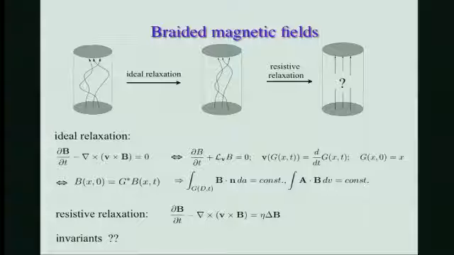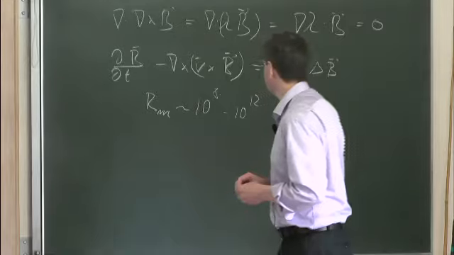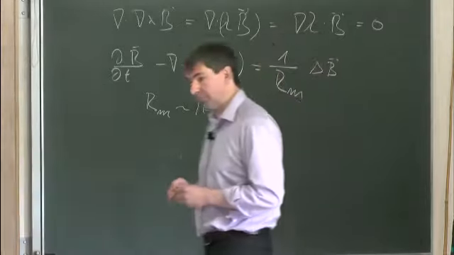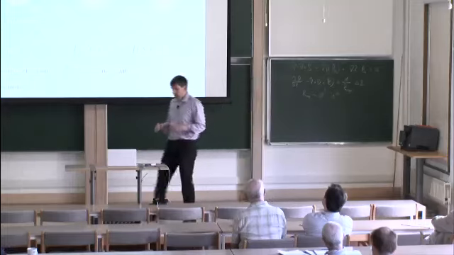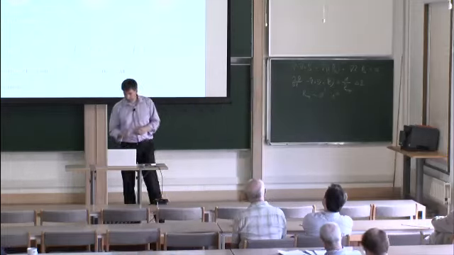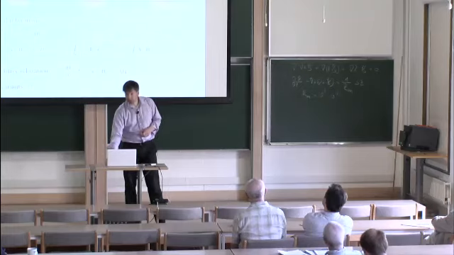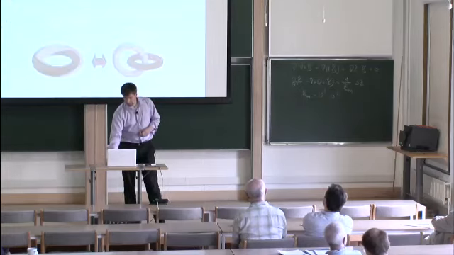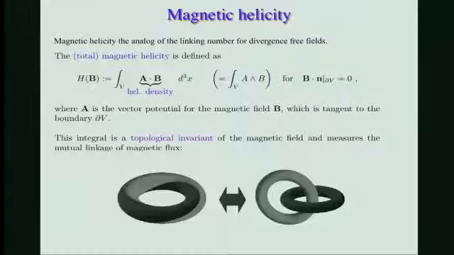Okay, so we are looking for quantities which remain approximately constant on a dynamic time scale. And there the invariance of the ideal relaxation could be a good guide or good indication. And indeed the magnetic helicity turns out to be a very good invariant in this respect.